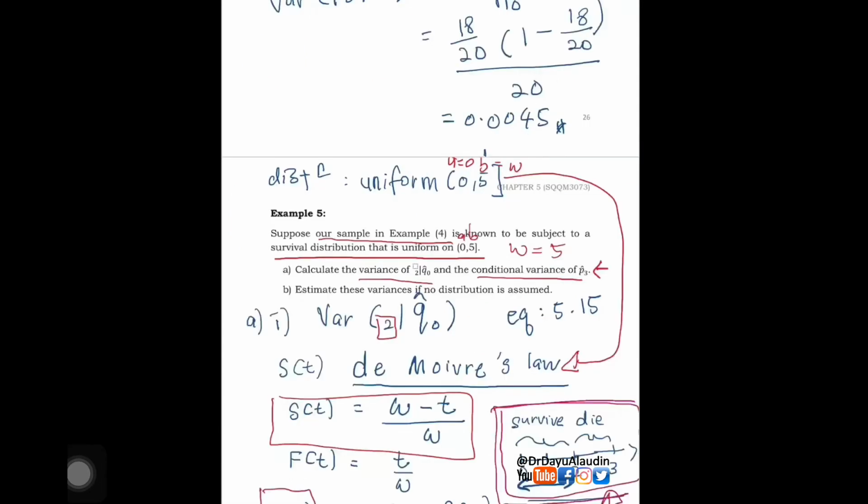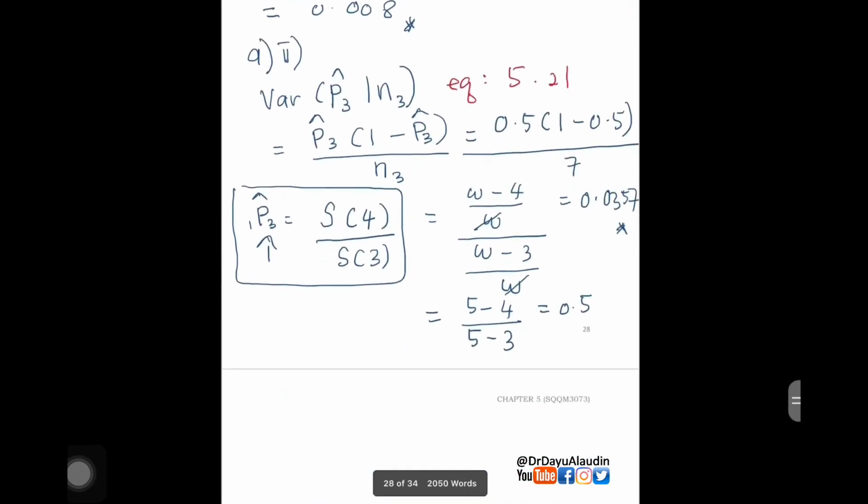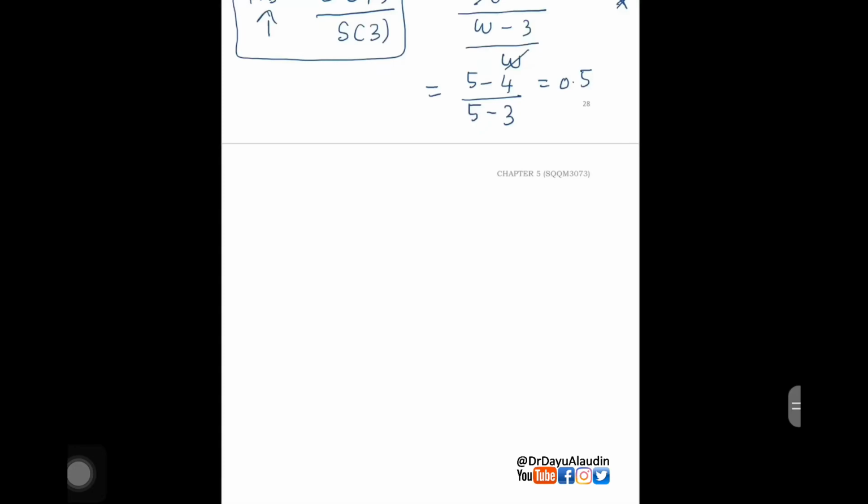So we try B. In the previous example, example 4, no distribution was assumed, so we just straight away use the formula. We have to find the same thing, the variance for both, but with no distribution assumed. B1, variance for this conditional probability with no distribution.